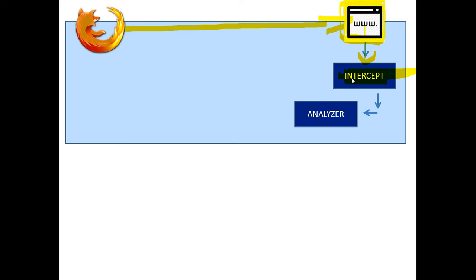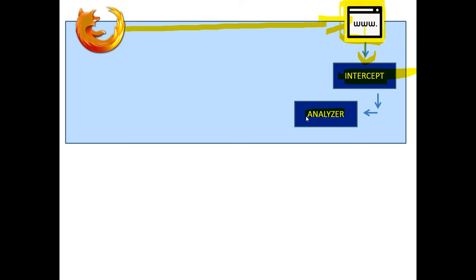Whereas the div tag doesn't require monitoring, because the div tag will just contain the division, the paragraph. It doesn't contain any harmful code. So the job of the intercept module is to separate out the tags that require monitoring and the tags that don't. Then comes the analyze module.